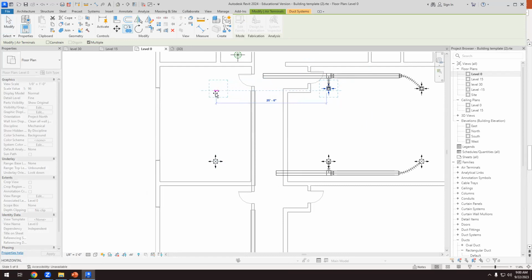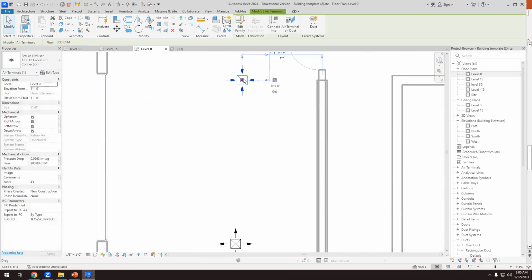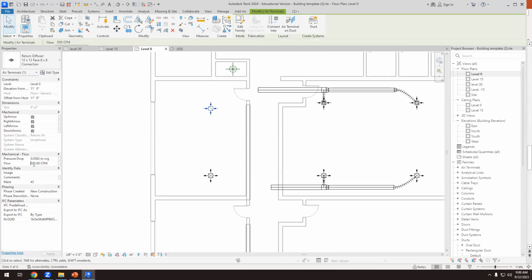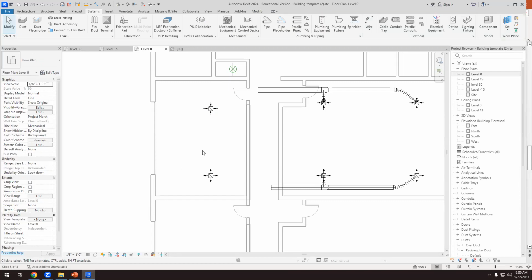They should be lined up. They are not. Why? Okay, here they are lined up. And this airflow is 80. We have the same supply and return airflow.